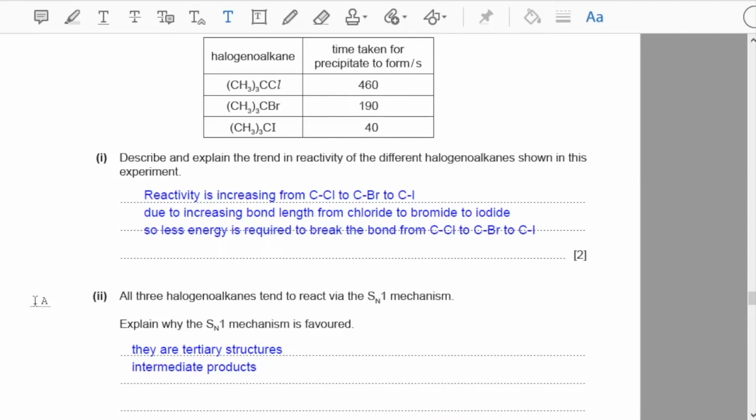So intermediate products are very stable, due to the positive inductive effect of all the three methyl groups.